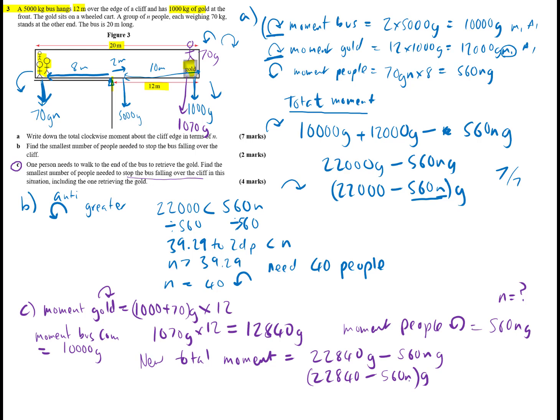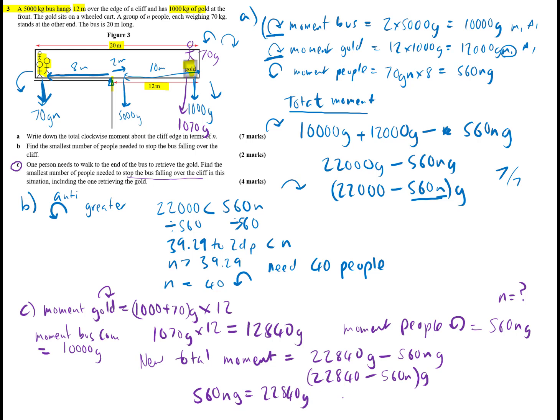So we still need to create the inequality from before. We want that to be in equilibrium because it's not the smallest amount of people, so we can say 560ng equals 22,840g.